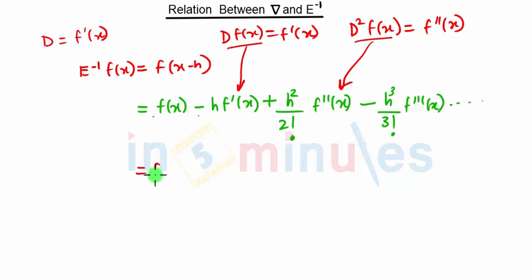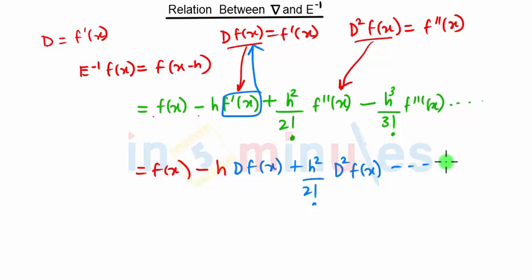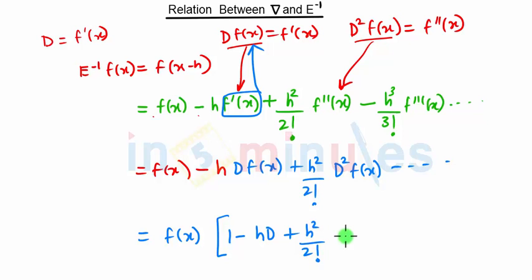So we will get f of x minus h. F dash of x can be replaced by D into f of x. Similarly, all the derivatives and so on. So from this equation, we can take f of x common, and inside the bracket we will have 1 minus hD plus h square upon 2 factorial minus h cube upon 3 factorial. And here we will have D square, here we will have D cube, and so on.